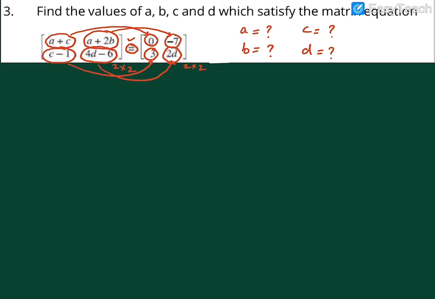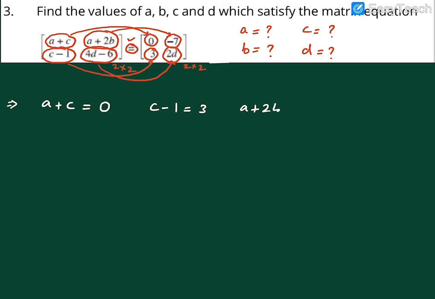Now we can write here, this implies that A plus C must be equal to 0, and you can write C minus 1 must be equal to 3. You can take columns first or you can take rows first, as you like.